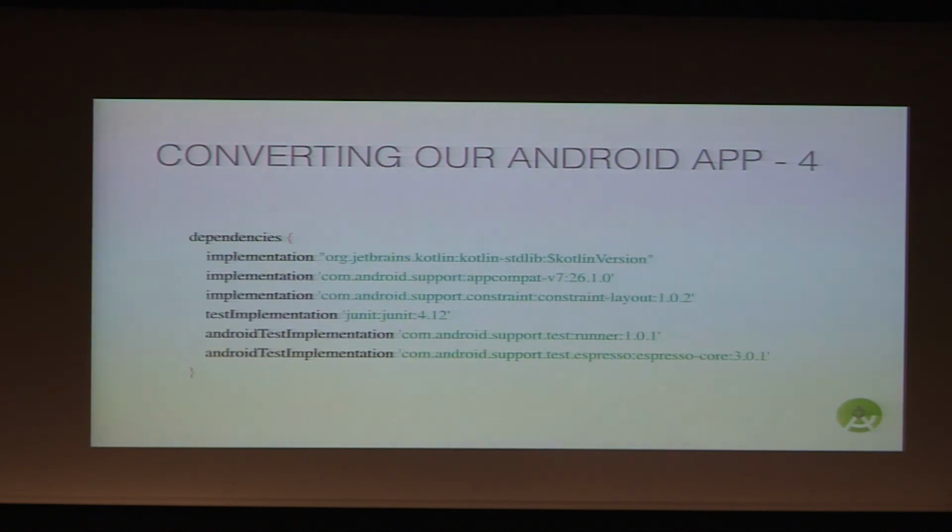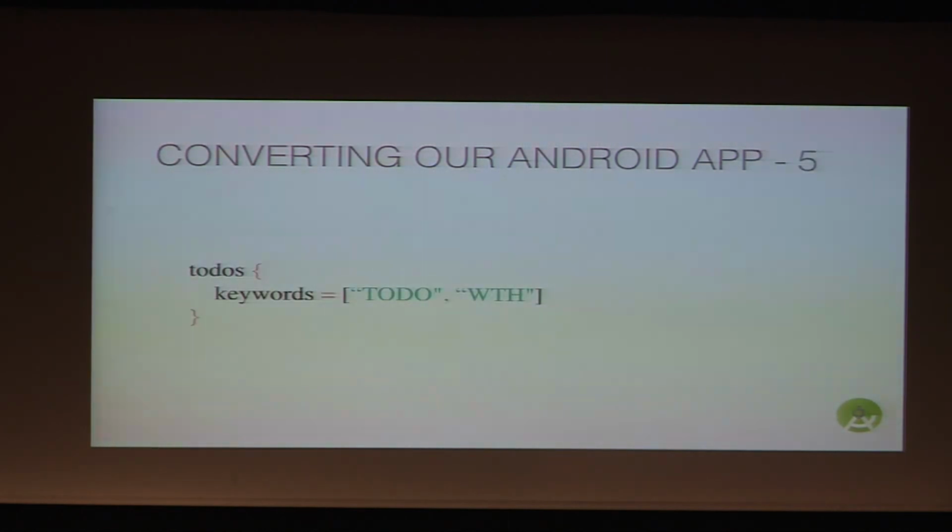And dependencies, again, don't change much. Same story with not having infix functions, and we just call them as functions. In our Gradle plugin, we had these to-dos with an array. We can have what are called array literals, I think, in general, and Groovy implements them.